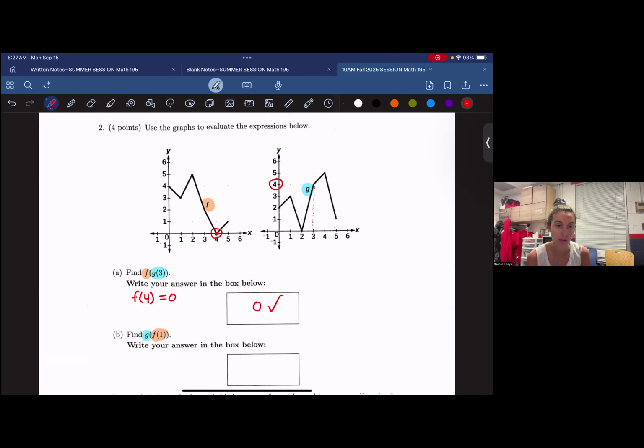Easy enough. Part B, F of 1, we have is 3. So we're just looking at G of 3. And when we evaluate that, what do we get? We get 4. And we're done.